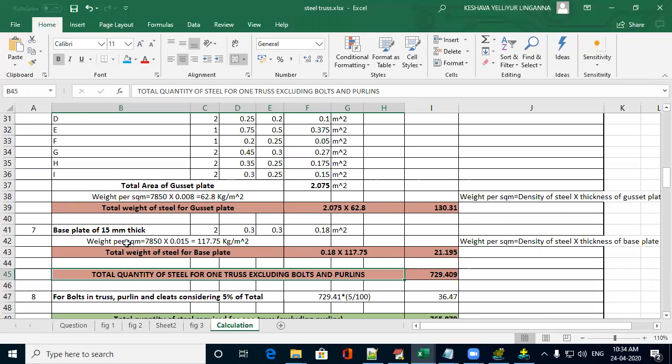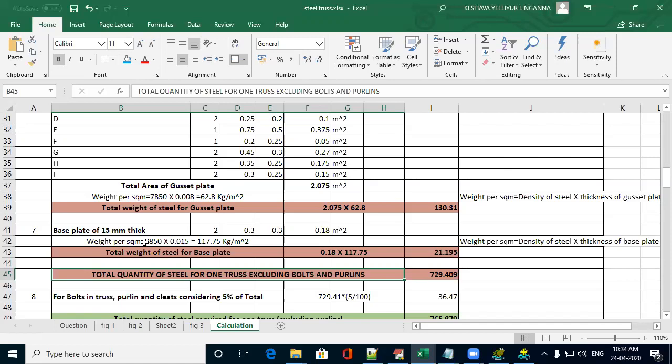Base plate will be of two numbers. I will explain it again. In one truss, there will be two base plates. So two number, its dimension is 0.3 by 0.3. So it will be of 0.18 meter square.